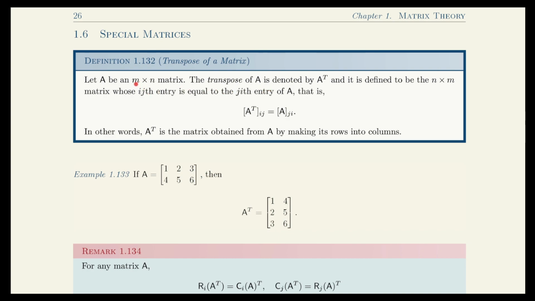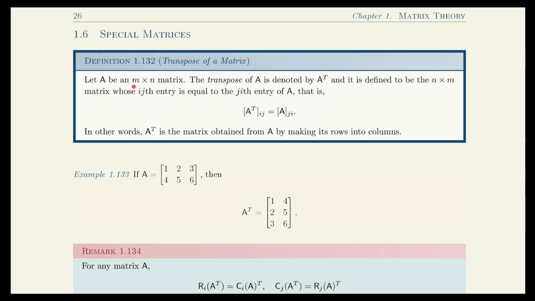Assume that you have an m by n matrix. Then the transpose of matrix A is denoted by this symbol. You put a t as an exponent, but it's not an exponent, of course. This is defined to be an n by m matrix.